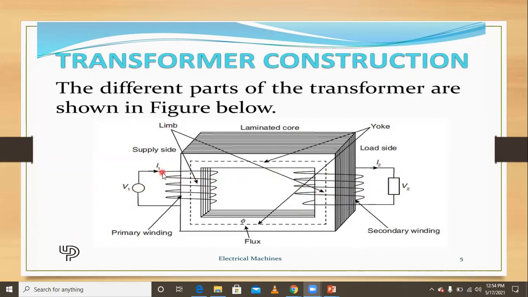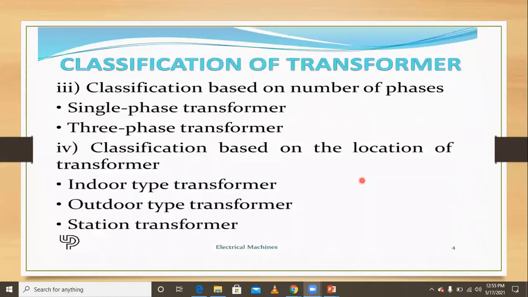Even though voltage is increasing, current is decreasing, to maintain constant power. This is the concept. That means a transformer is not a power amplifier and not a generator. A transformer is only for increasing or decreasing voltage, to step up or step down the voltage levels only.